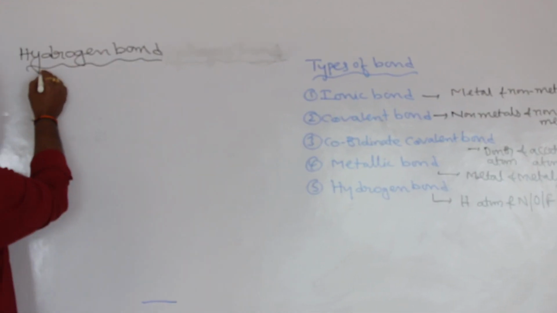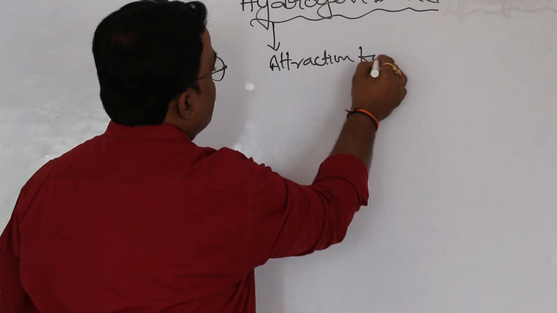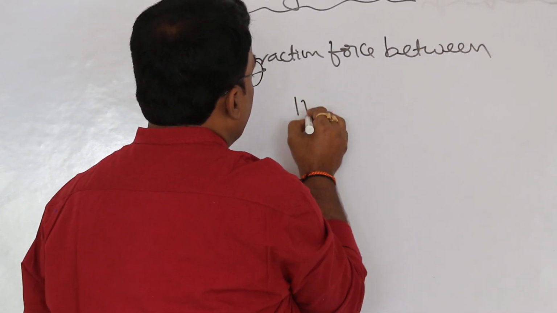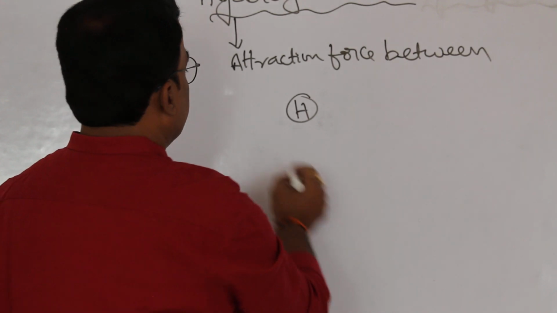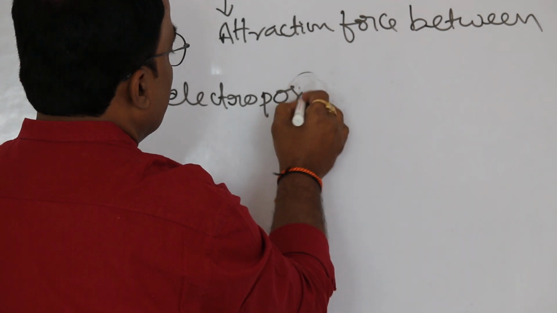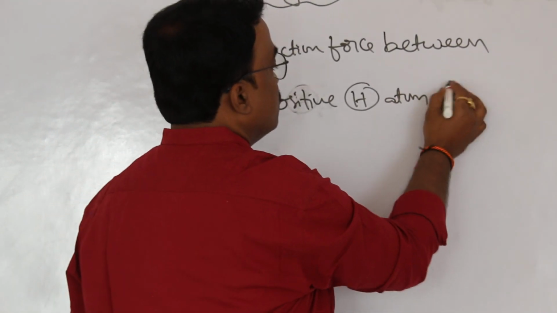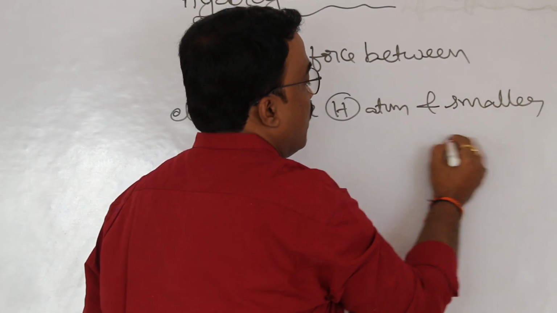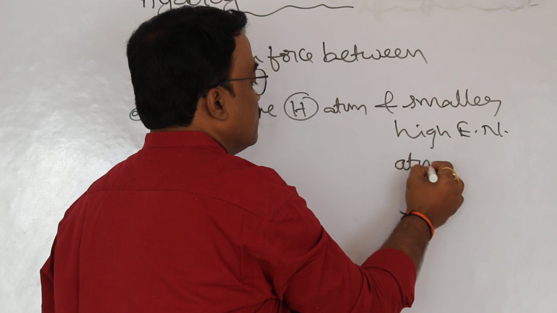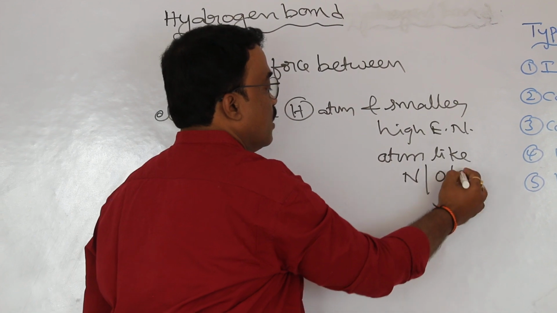So the hydrogen bond means an attraction force between electropositive hydrogen atom and smaller high electronegative atom like nitrogen or oxygen or fluorine.